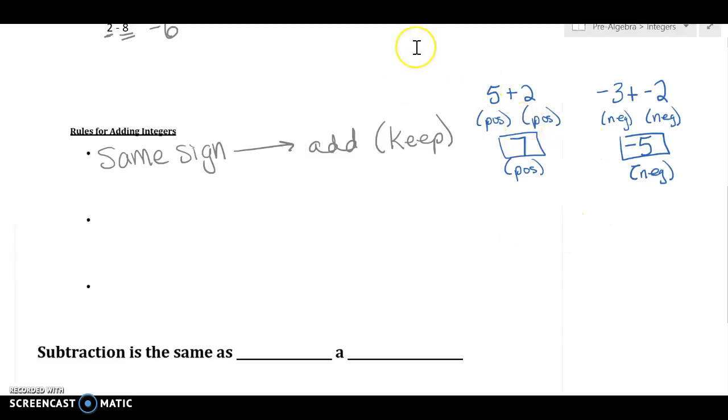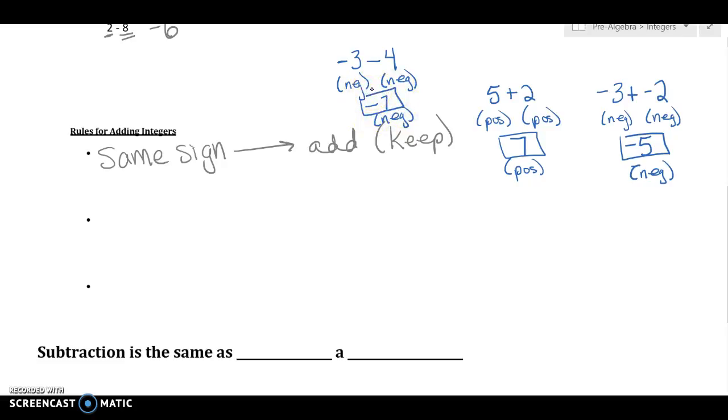Okay, the next one, -3 minus 4. This is a negative, and this is a negative, even though it says subtraction. Subtraction is just negative. So since they're both negatives, I get -7. Because they're both negatives, they stay negative.